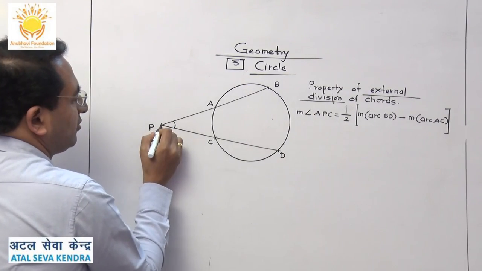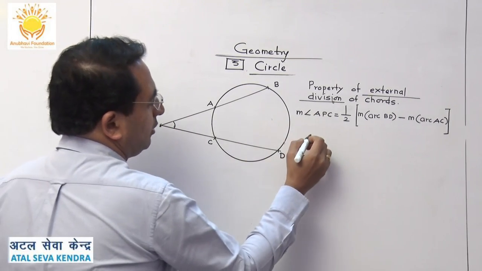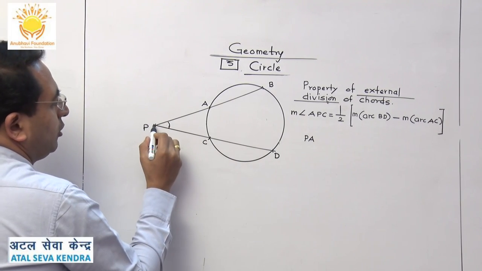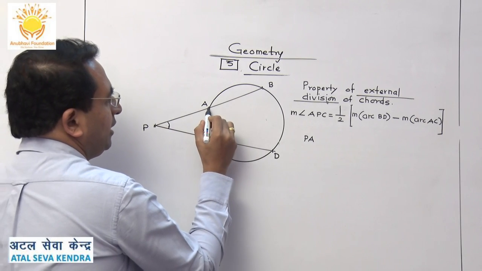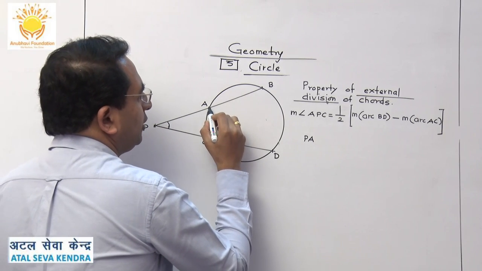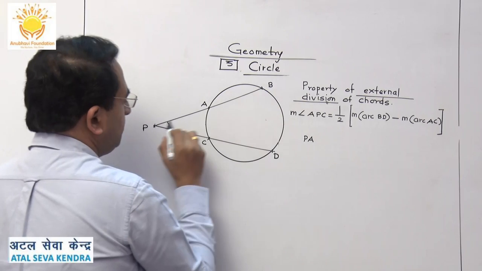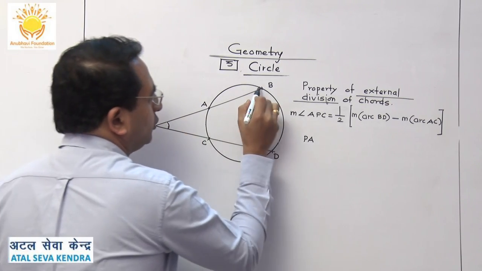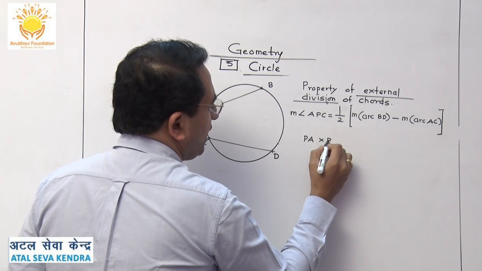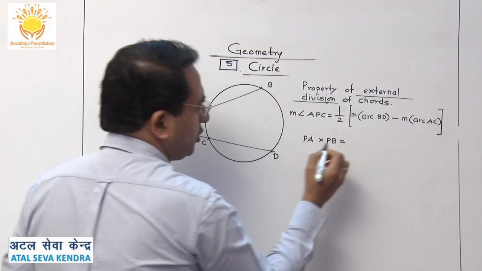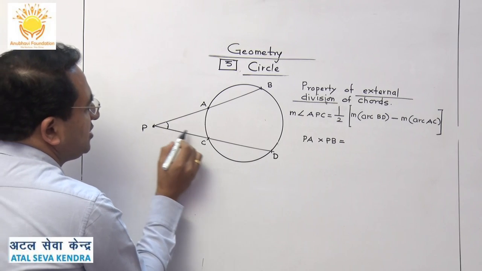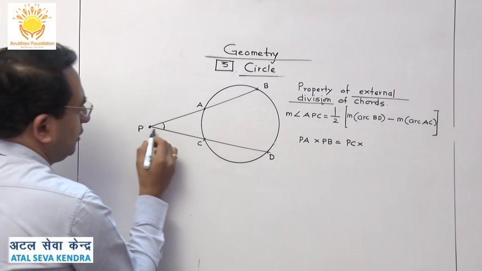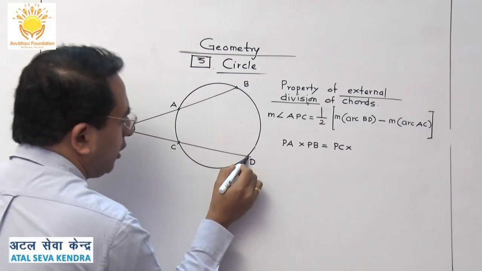Now we have to write something about the distances. So that distance is same as the earlier one. But remember the logic, PA multiplied by not AB, PA come back to the original point and then go to the last. So PA into PB is equal to, it is PC multiplied by, here we are not going to write CD now.